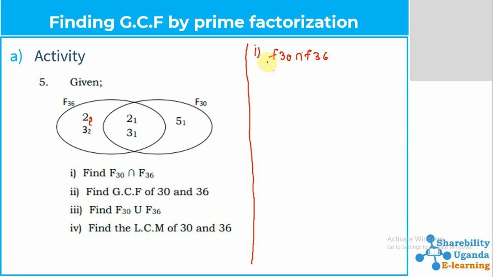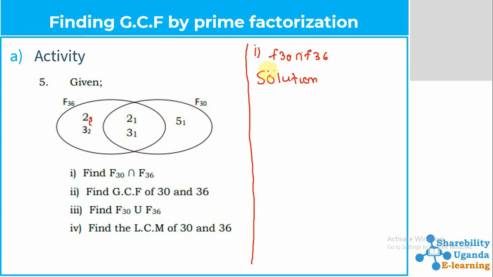Let's start one by one. Here we are going to write our solution. As you can see in our set, we have been given these factors.